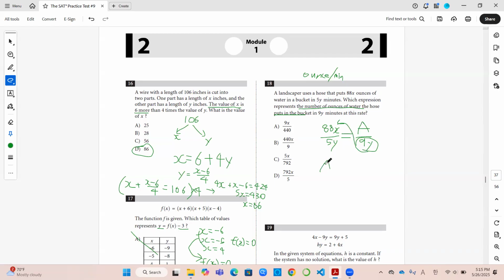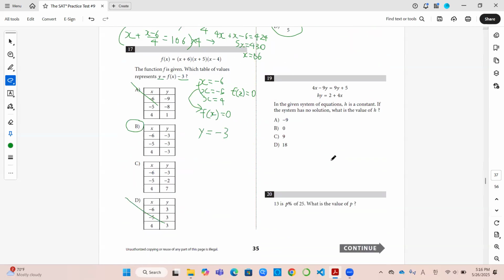So a is equal to 9y divided by 5y and multiplied by 88x. And you'll get 792x over 5. So the correct answer choice for question 18 is D as in David. Okay, moving on to question 19.